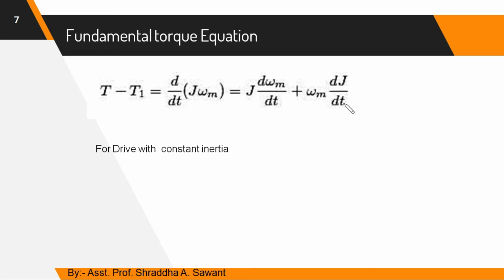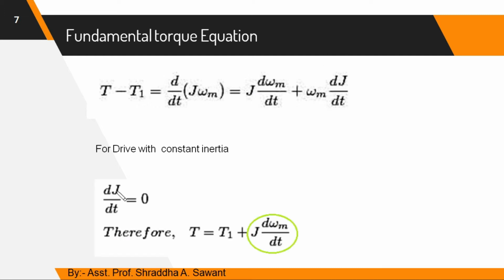If the drive or the system has constant inertia, notation J, then J will be considered as a constant, so this derivative will become 0. So dJ by dt is equal to 0, therefore T is equal to TL plus J d omega by dt.